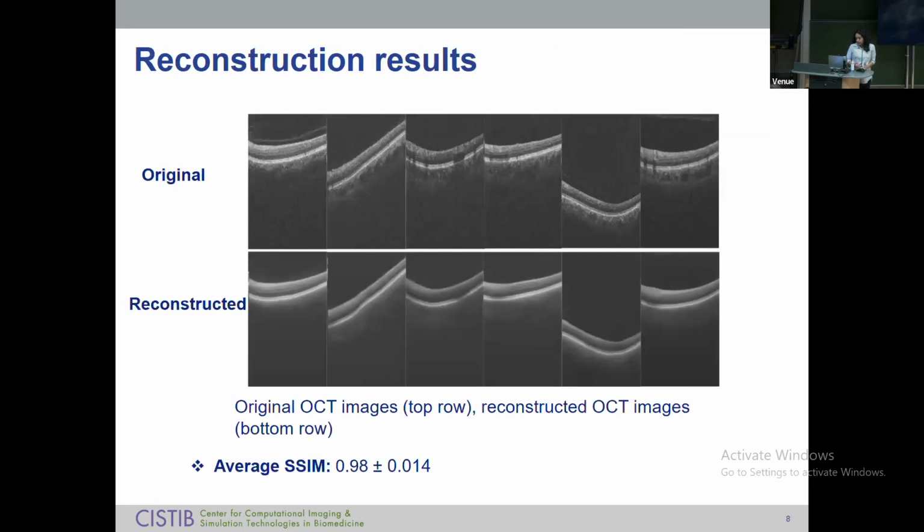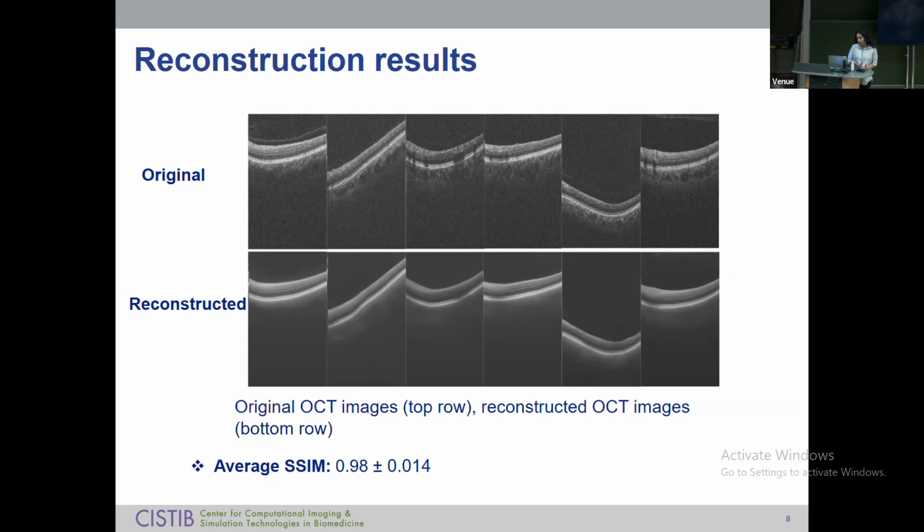To evaluate, we assess the performance of our model in two ways. The first is its reconstruction performance, and the second is classification performance. First, reconstruction performance evaluates the ability of the model to reconstruct the OCT images, and thereby assesses the richness of the latent representation.